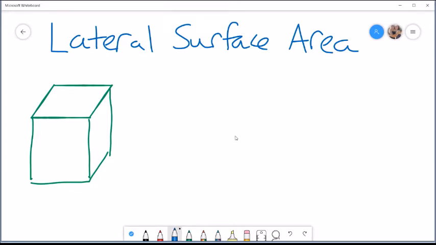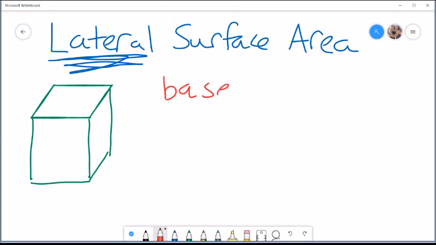When we're talking about this idea now called lateral surface area, what that means is we have to think about the prism in terms of the base and then in terms of the height. And the height is the lateral part.